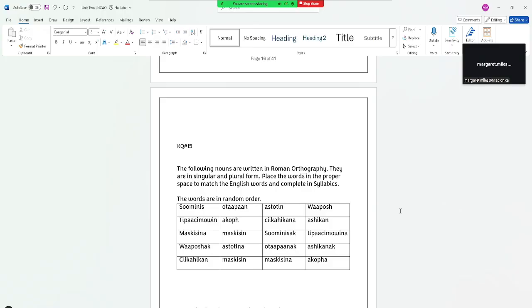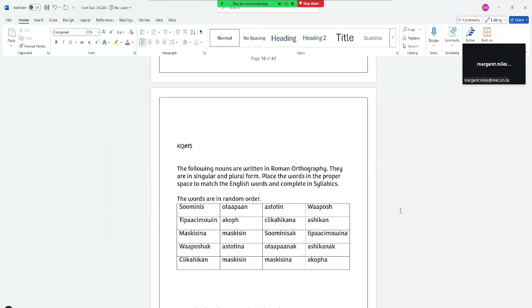Akuf, blanket. Maskison, shoe. Astutin, hat and hats.